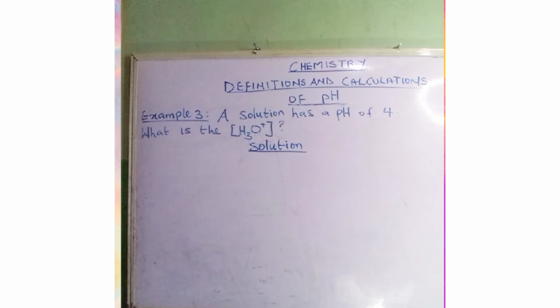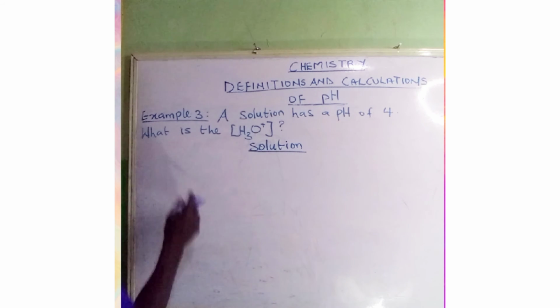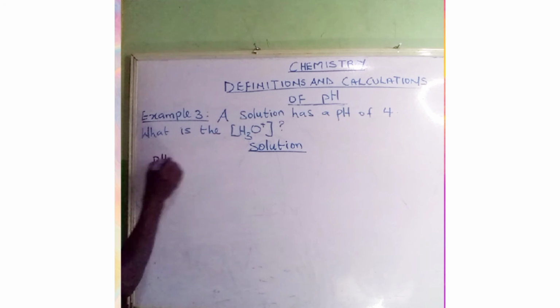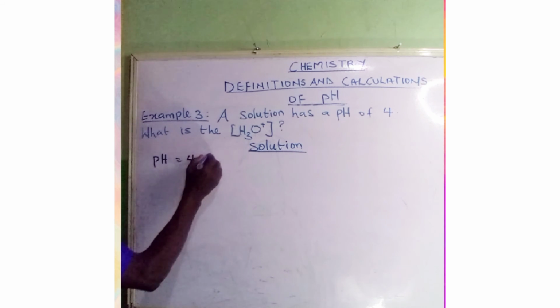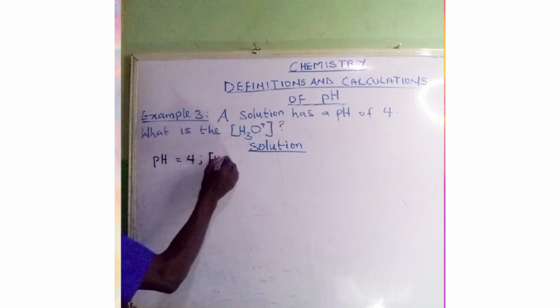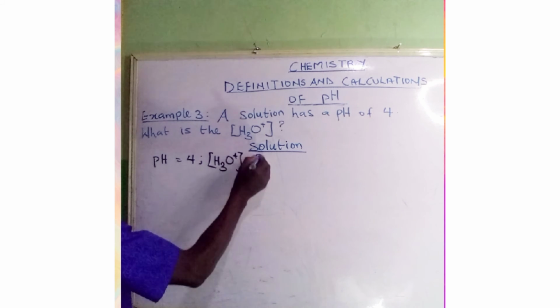The next question reads thus. A solution has a pH of 4. What is the concentration of the hydroxonium ion? Here we are given a pH of 4. The pH equals 4. We are told to find the concentration of hydroxonium ion. That is unknown.